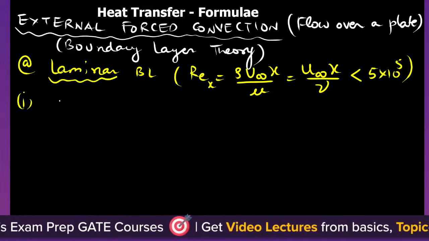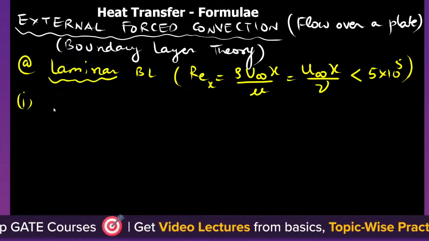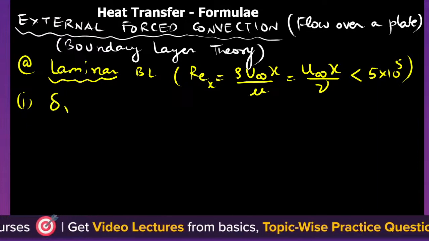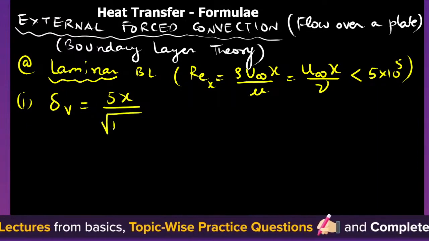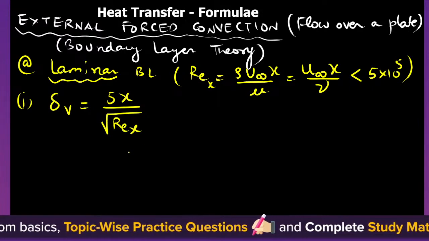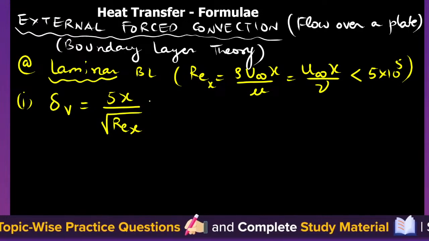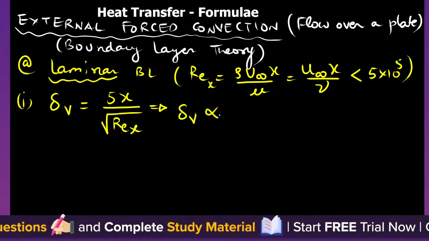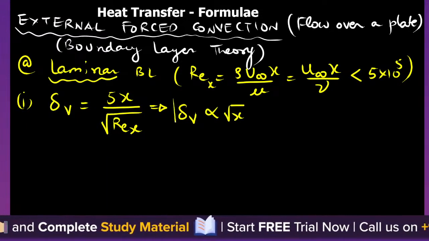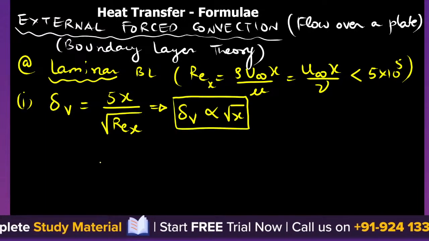For this, the velocity boundary layer thickness is given by 5x upon under root of Rex. So velocity boundary layer thickness is directly proportional to root x, isn't it?